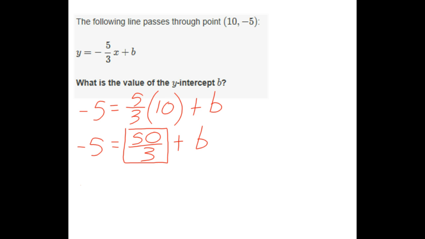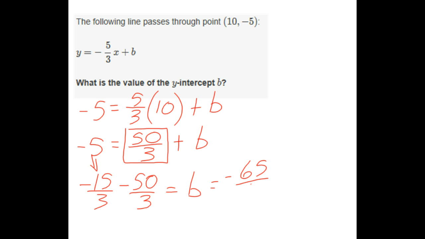A negative 5 is a negative 15 thirds, and I'm subtracting my 50 thirds. That equals b. Negative 15 minus 50 is negative 65 thirds. That can be put into a mixed number, but it cannot be put into lower terms.